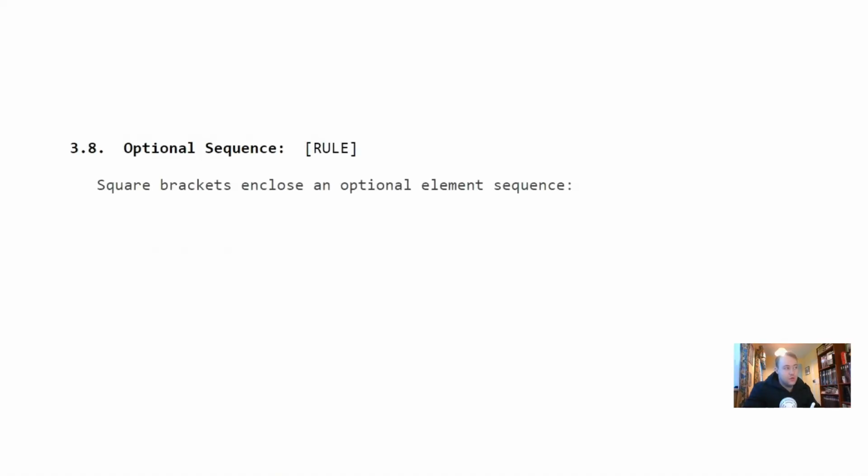Now, optional sequences. Square brackets enclose an optional element sequence, foo bar in square brackets. That's equivalent to *1 foo bar. Why? Because, as we saw, that means 0 or up to a maximum of 1. It's really default *1, even though there's nothing written there.